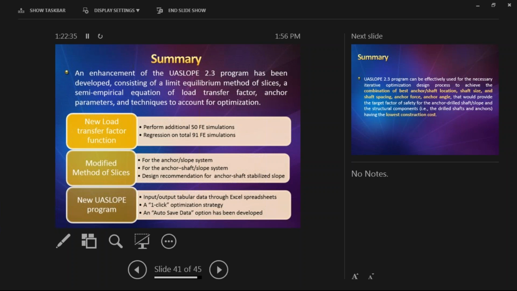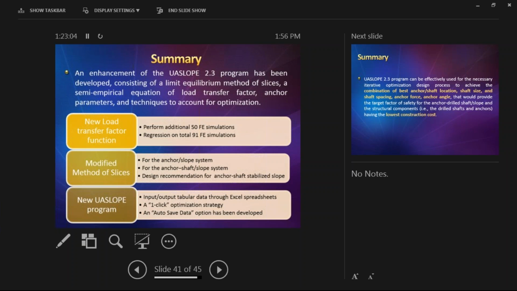We introduced the one-click optimization strategy in finding out the optimum location of the drilled shaft. Of course, a lot of times maybe the location of the drilled shaft is dictated by the location and accessibility, but we know usually the optimum location is near the midpoint of the slope if that's accessible and easy to construct.